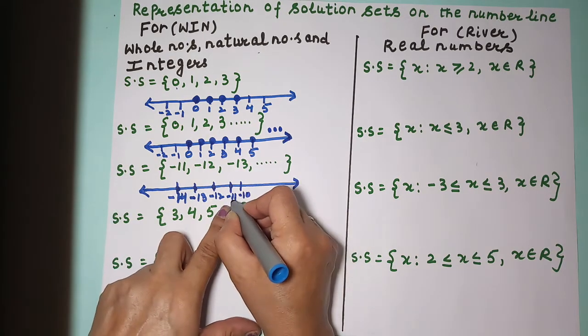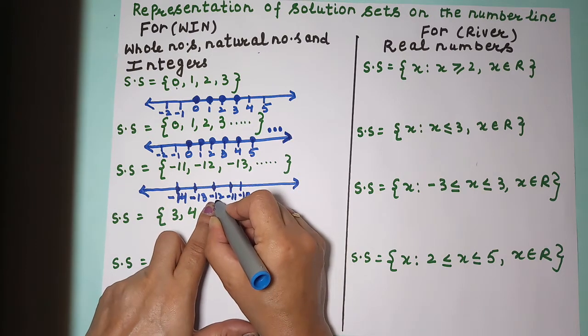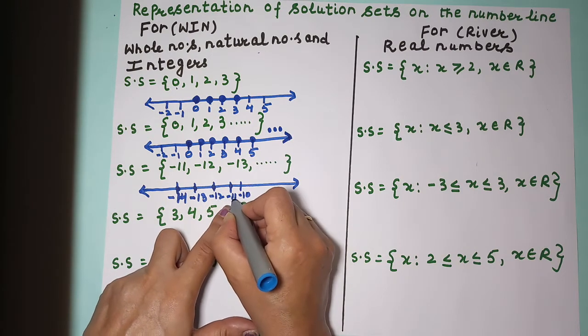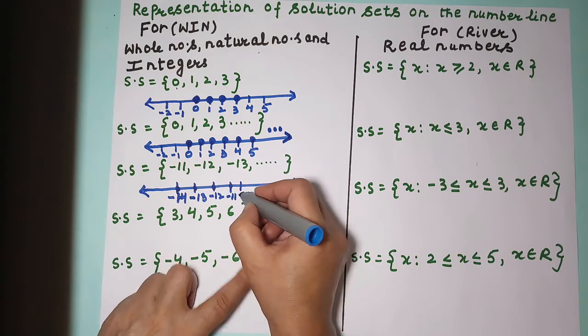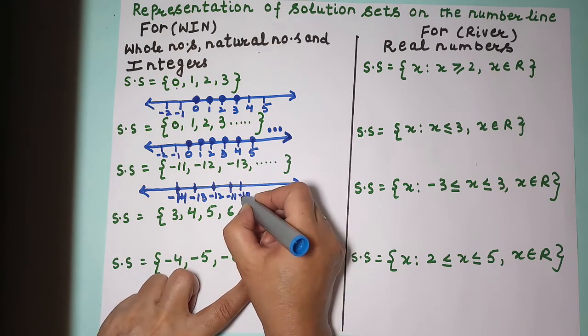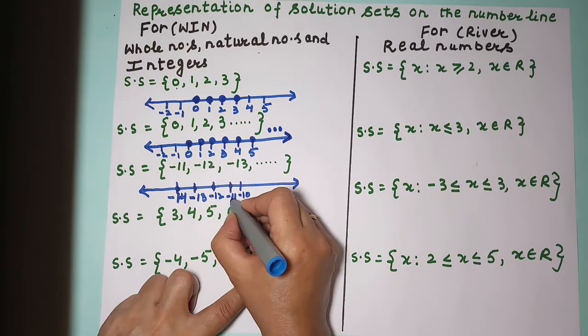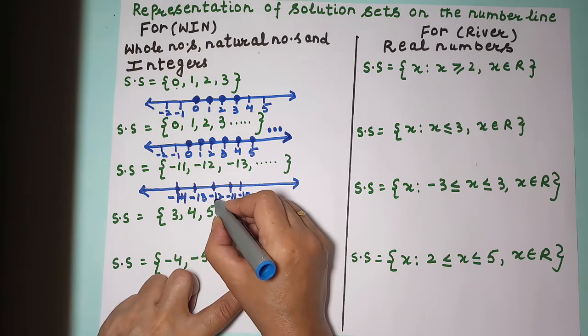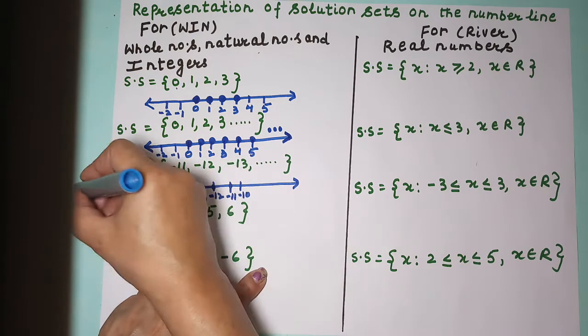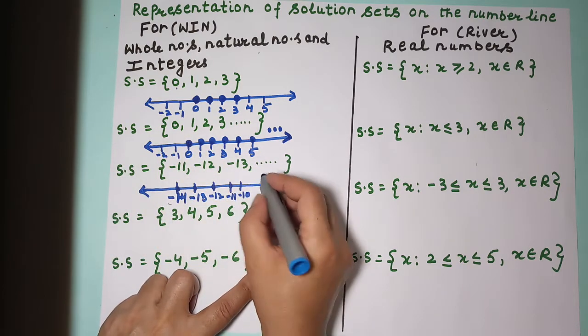Because -10 is greater than -11, -12 is less than -11, similarly -13 is less than -12. So on the negative side, you have to write the numbers like this.